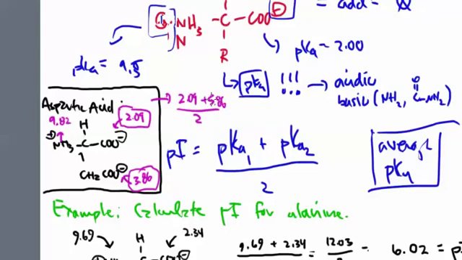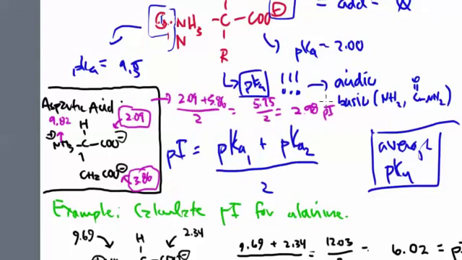So 2.09 and 3.86 is 5.95, and then I'll divide that by 2, and I'll get 2.98 as the pI value. So that is how you will treat the ones that do have this third pKa value.